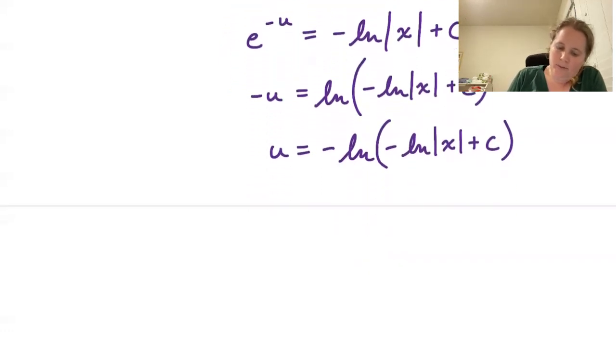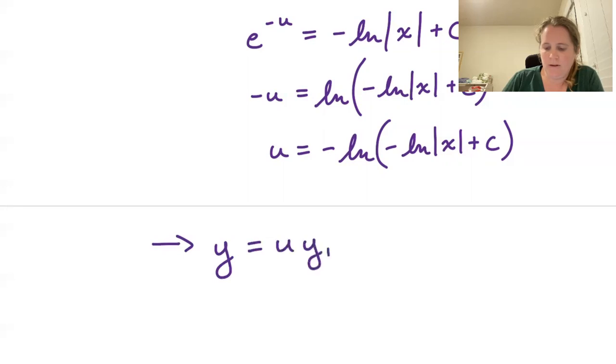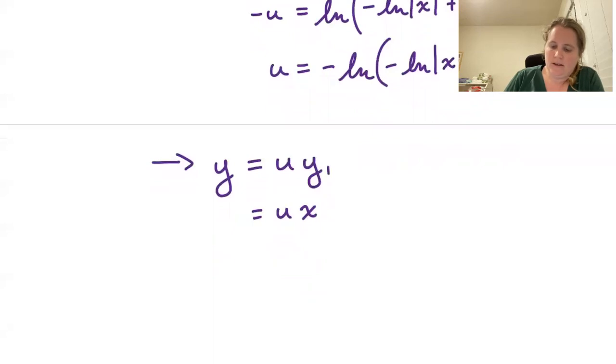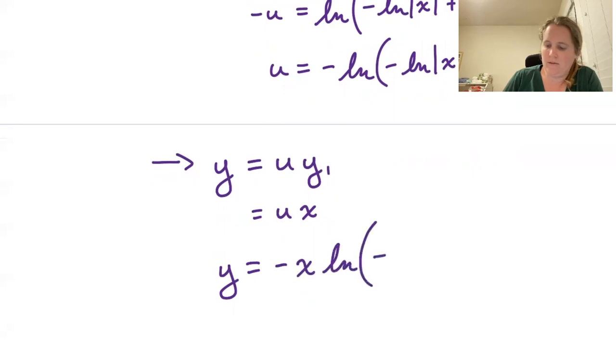At this point, we can go back to our beginning, and our solution should be y is equal to u times y1, or u times x. And so we have y is equal to negative x times the natural log of negative natural log of the absolute value of x plus c.